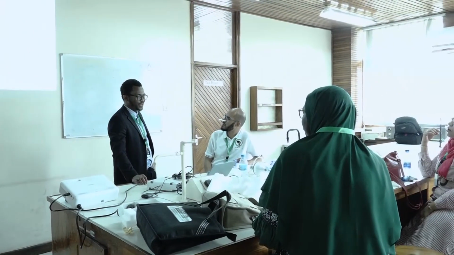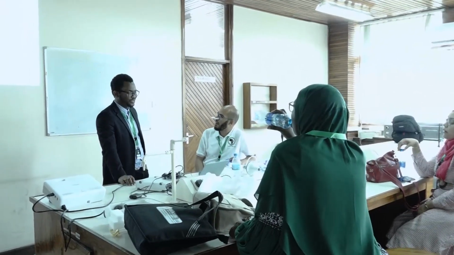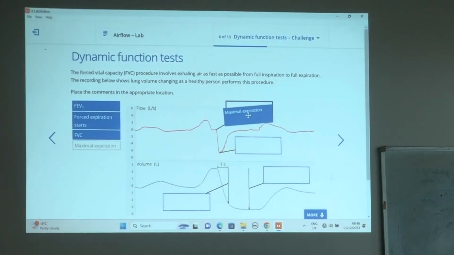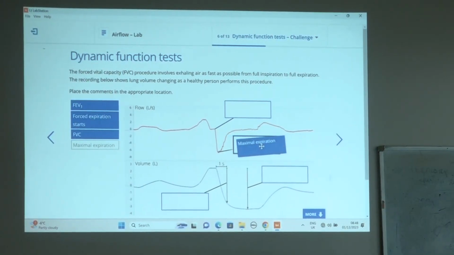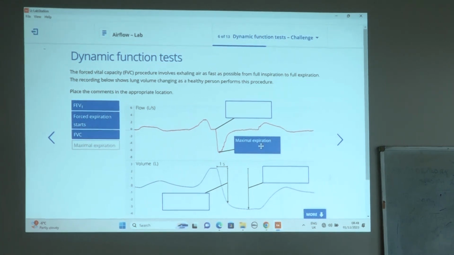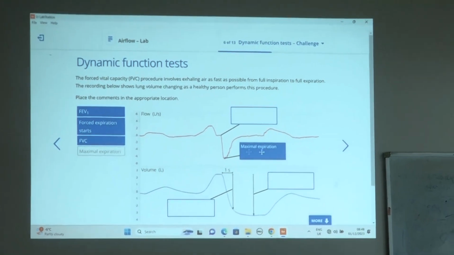Right, so let's play around with this. Let's assume we've acquired data that looks like this. It's a way of regression: inspiration is positive waves and expiration will be negative waves.